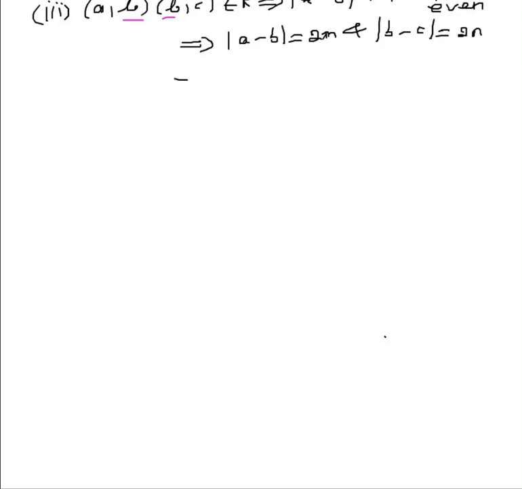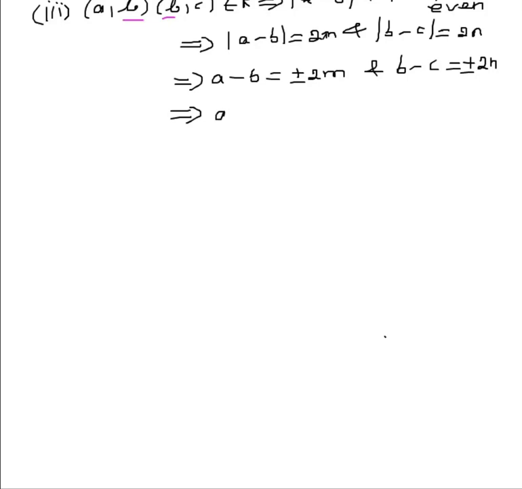So I have to remove the absolute value sign. To remove the absolute value sign, I have to put plus or minus. So a minus b is equal to plus or minus 2m. Similarly, remove the absolute value sign here, b minus c is equal to plus or minus 2n.